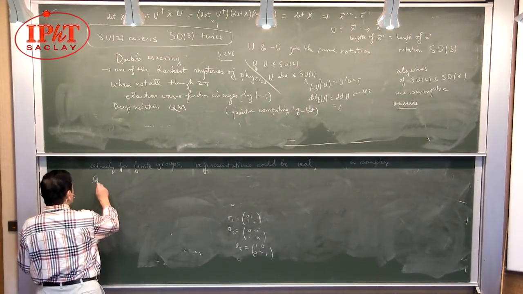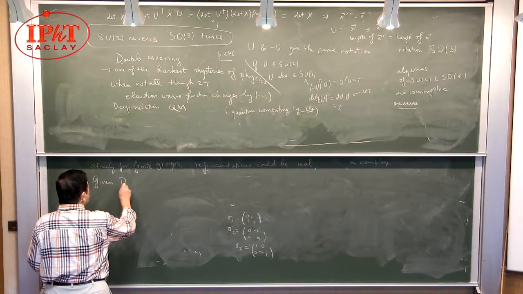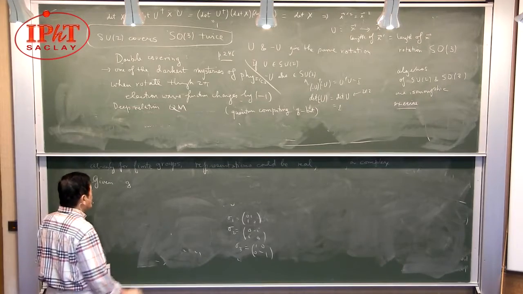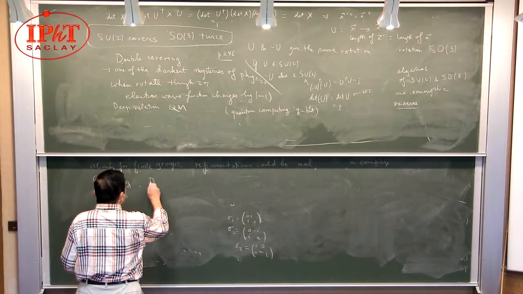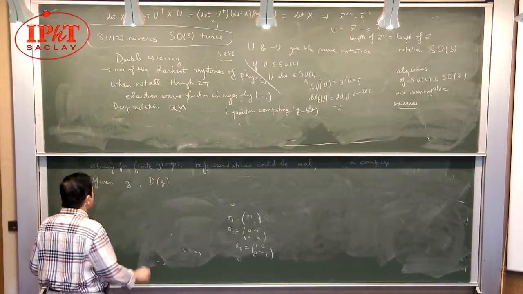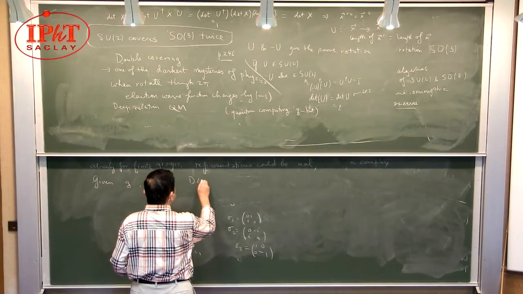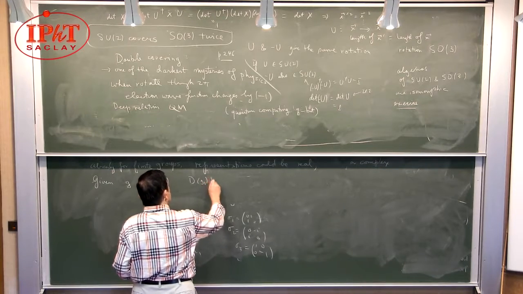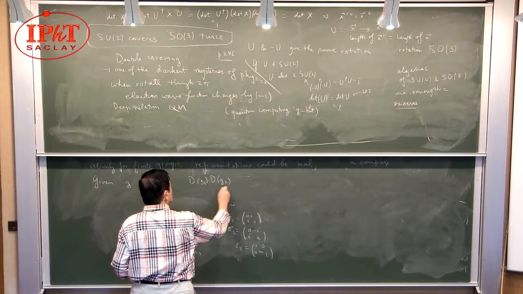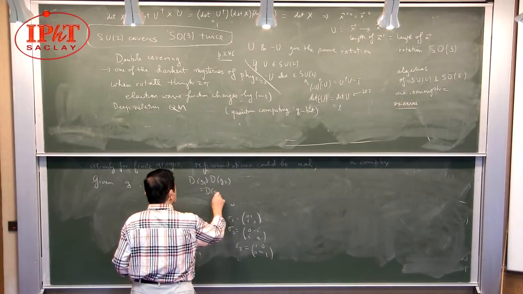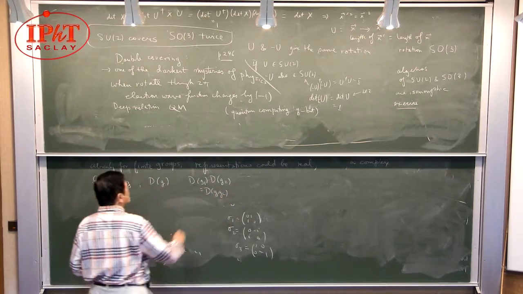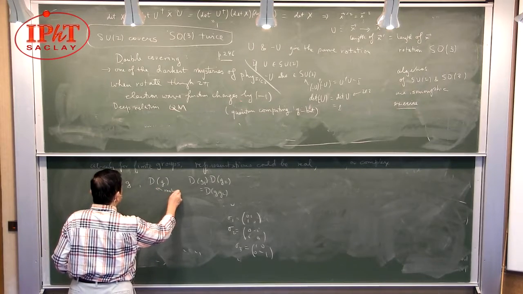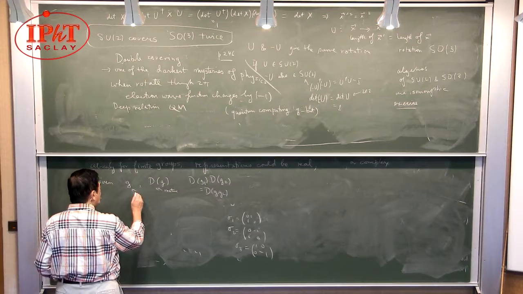Now, representation means that given a group element in a group, there's a matrix D(g) such that D(g1) times D(g2) is equal to D(g1 g2). So these matrices represent the group elements.